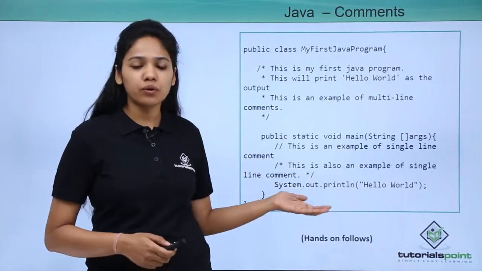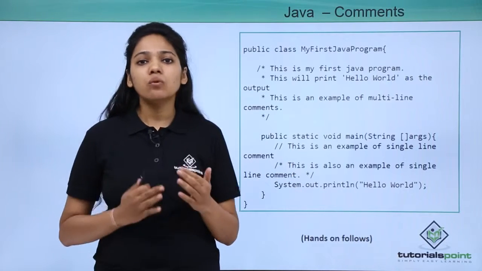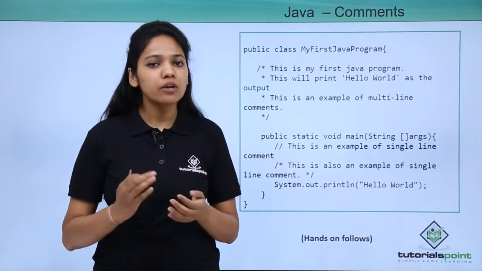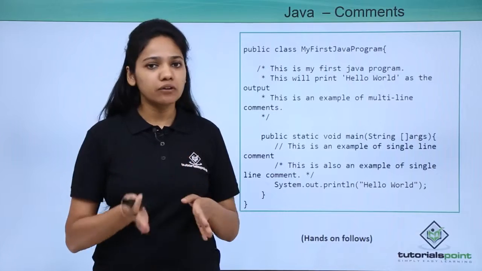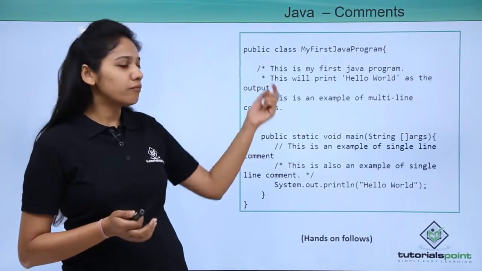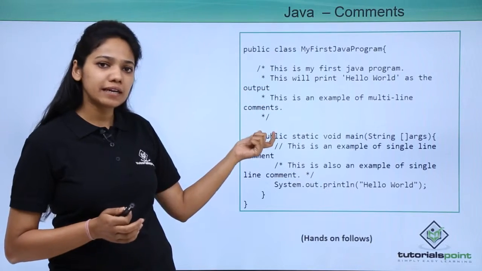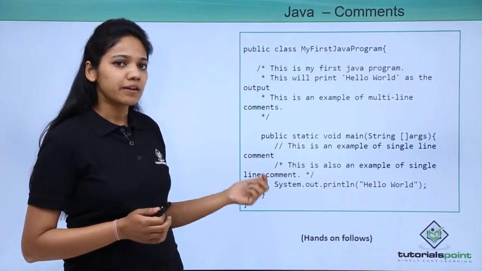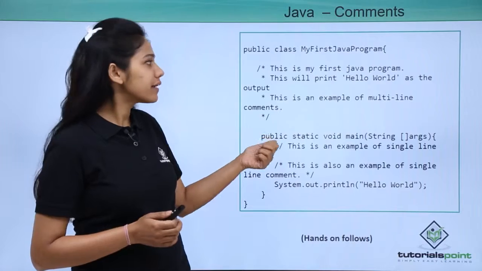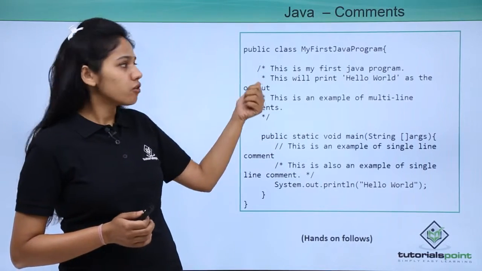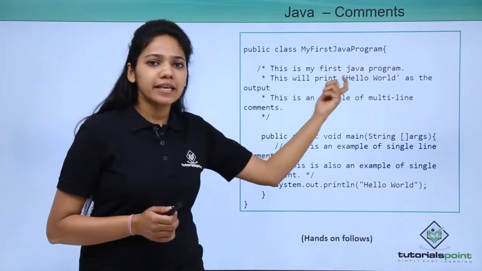We have here a program which explains how you can provide a comment and how a compiler ignores the comment. In this program, we have created a class where we have provided certain multi-line comments and a single line comment. As discussed, you write a multi-line comment by providing a forward slash followed by an asterisk and then the comment.